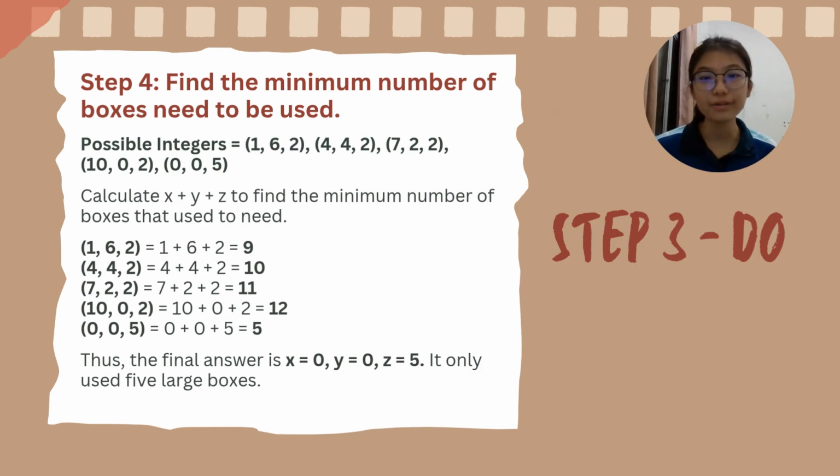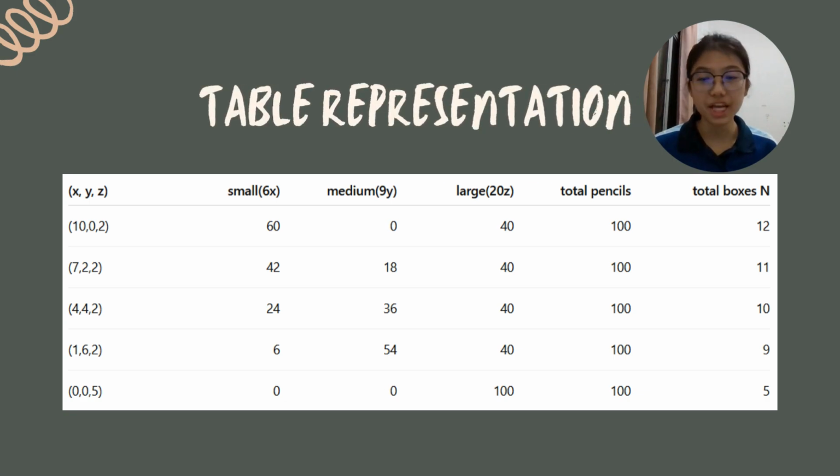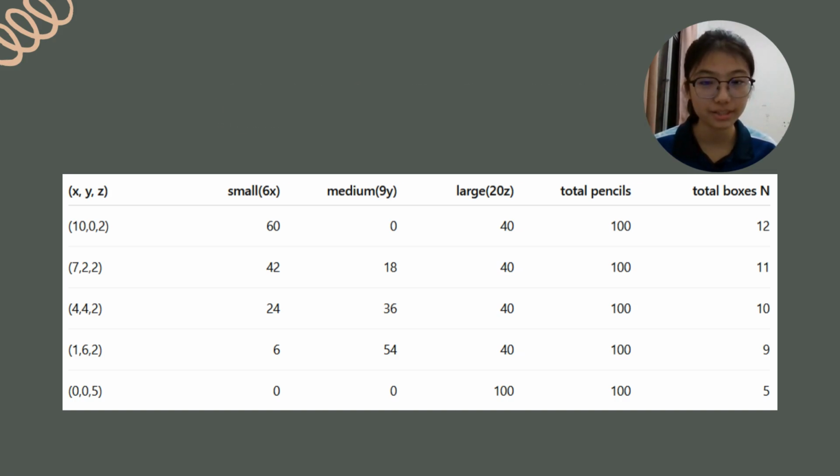So we finally find the minimum number of boxes to be used. This is a table to make it easy to see the values of x, y, z. You can also see the number of pencils in each size of box and the total number of boxes. You can also check your answer by adding up the pencils in each size of box.